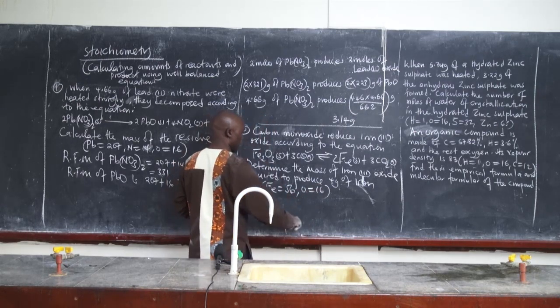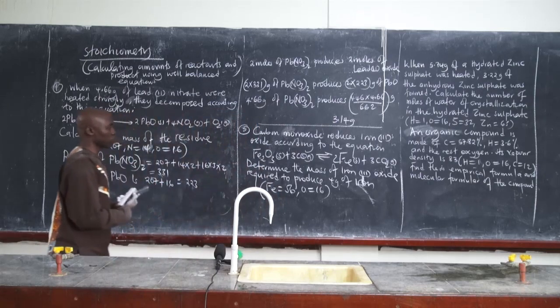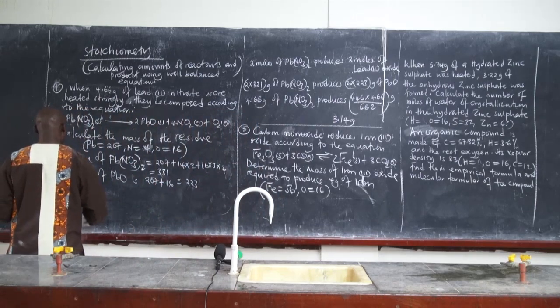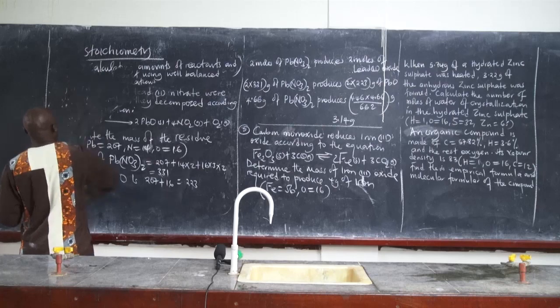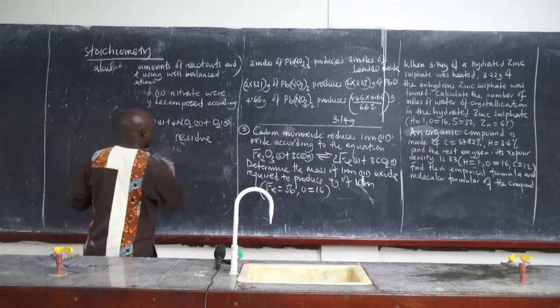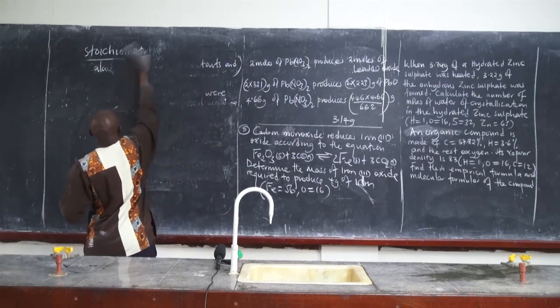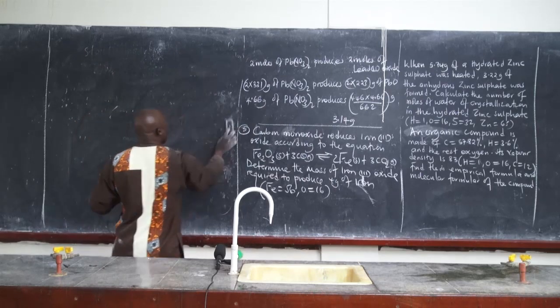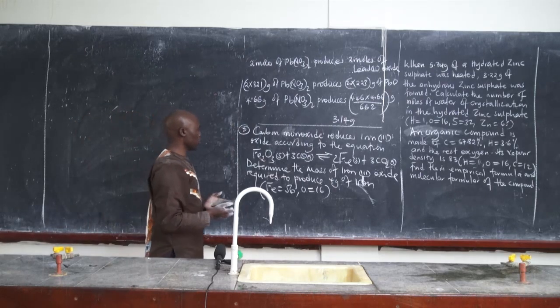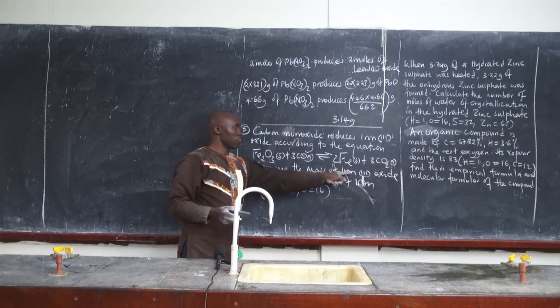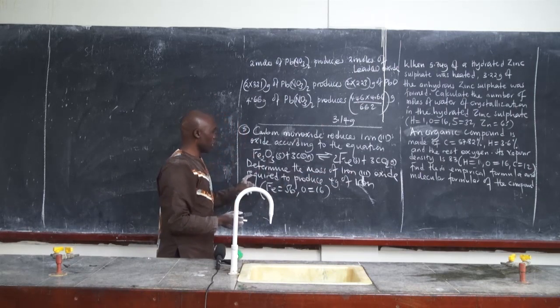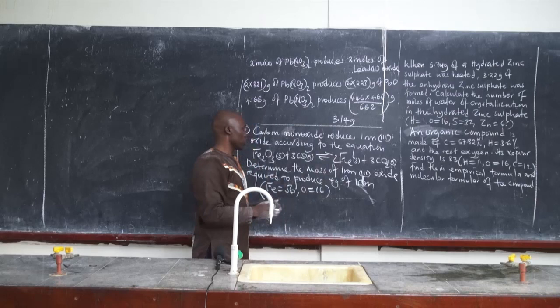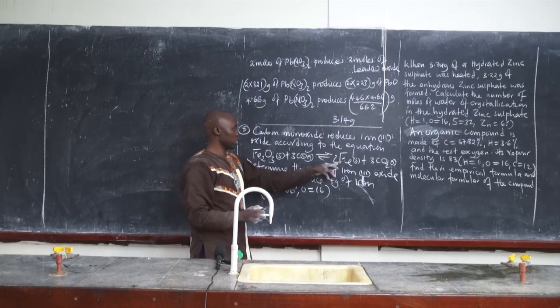So how do we attempt that question? In that question, we are simply relating 2 things: the mass of iron(III) oxide required to produce iron. So I'm going to relate this to this.